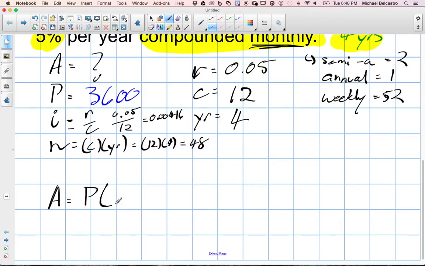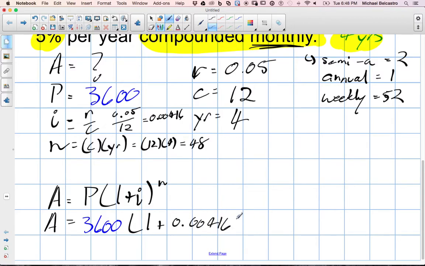The principal, I'll write it all out one more time so we can see how we plug stuff in. The principal is our 3,600. The A is unknown. We're trying to figure that out. 1 plus the interest rate is 0.00416, and again we rounded-ish to that.